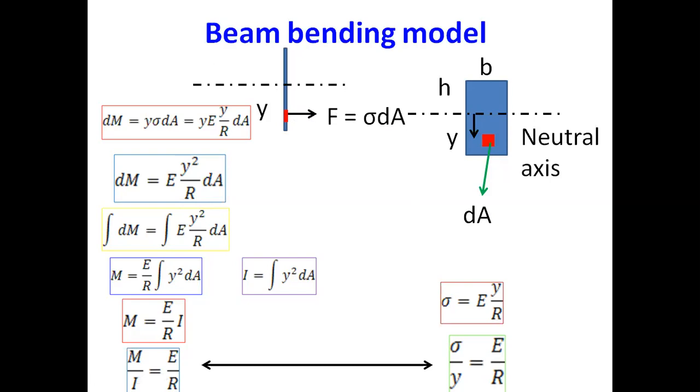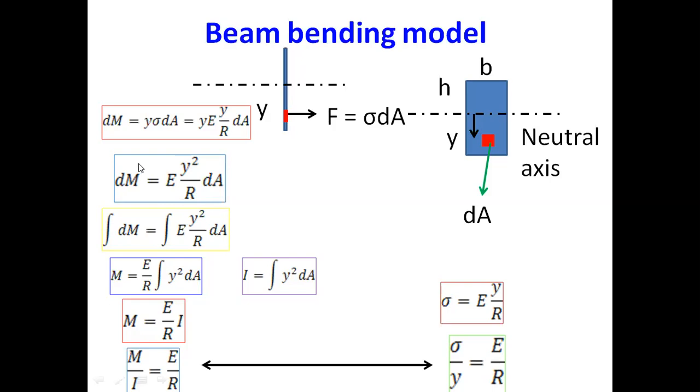Sigma is F by dA. So this F is actually this dF. It is sigma dA.